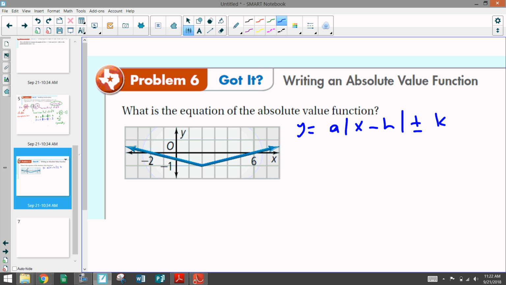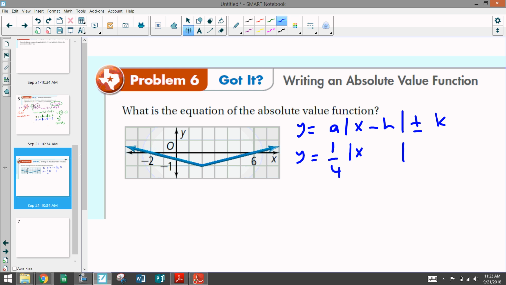Since the slope changed, what is the new slope, class? 1, 2, 3, 4. So the new slope is 1 over 4. Is that clear? Yes. Rise over run: 1, 2, 3, 4. And then x minus h and plus or minus k.